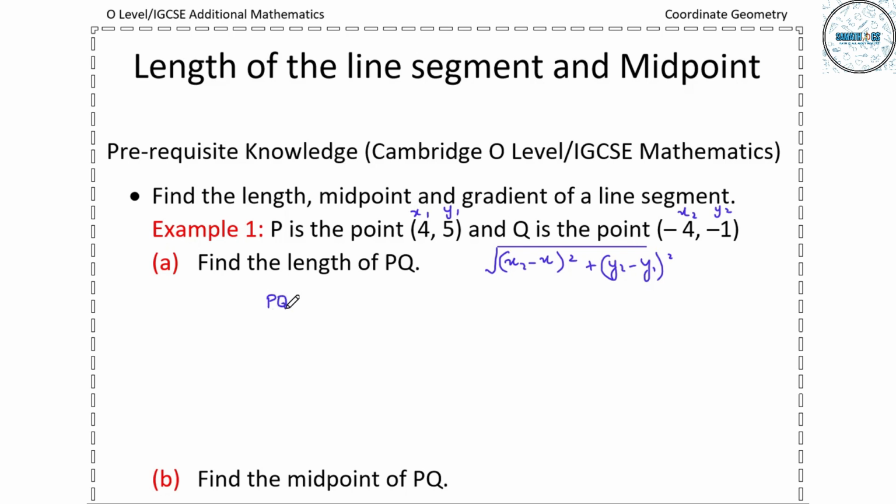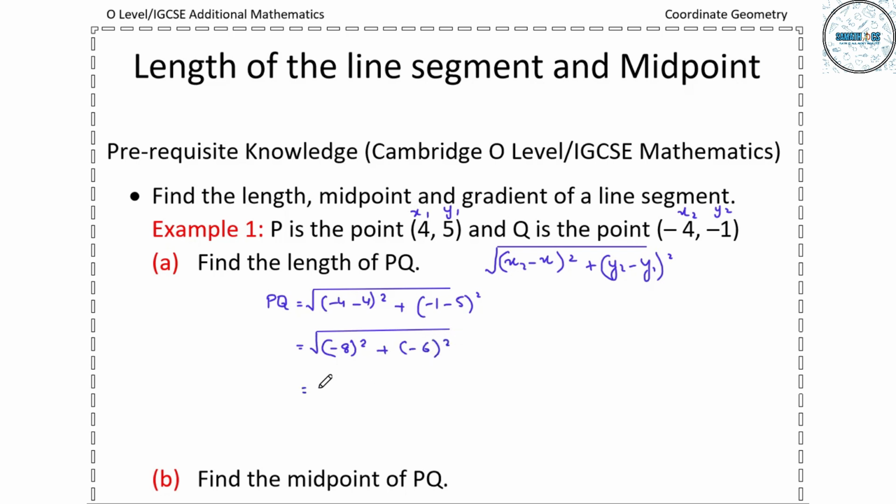So PQ is equal to the square root of (-4 minus 4) whole squared plus (-1 minus 5) whole squared, which is equal to the square root of (-8) squared plus (-6) squared.